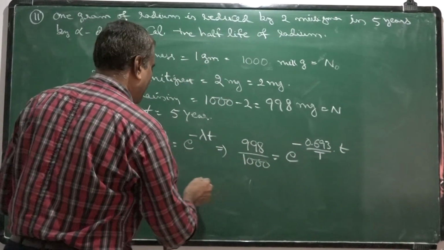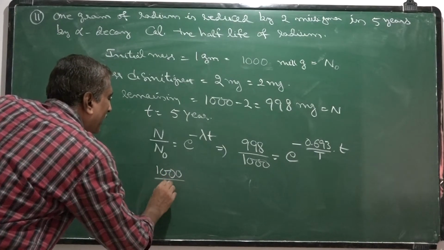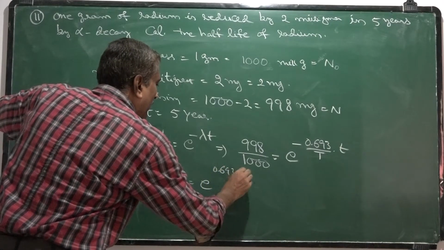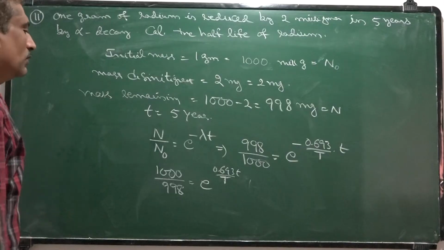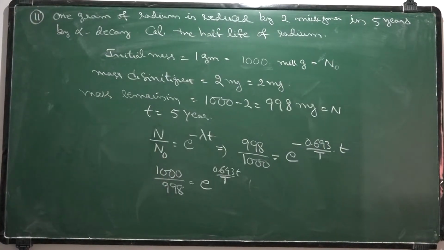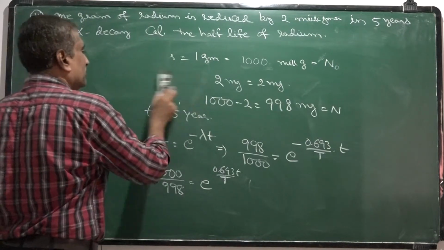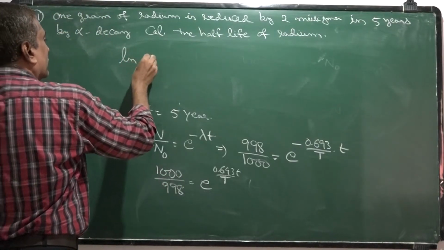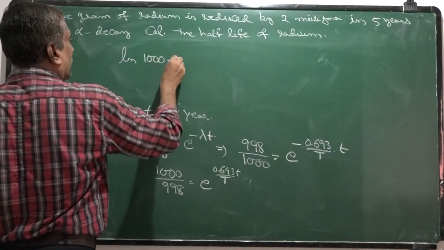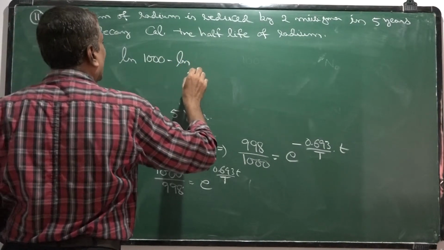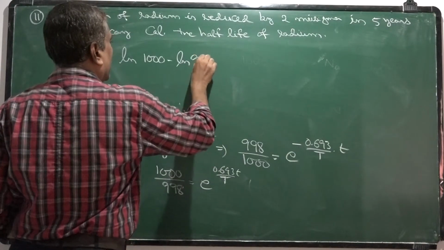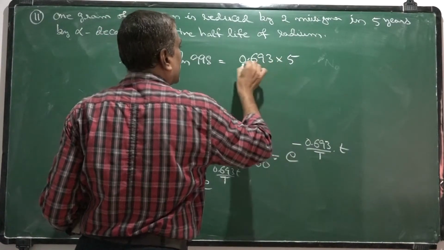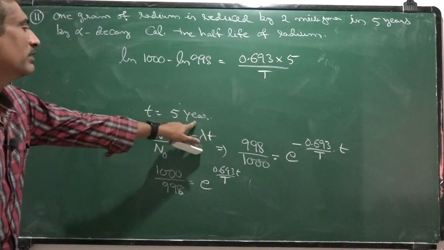Now if we reverse this, 1000 by 998 is equal to e power 0.693 t by capital T. Now we write in logarithm: ln 1000 minus ln 998 is equal to 0.693 into 5 years by capital T, because small t is given as 5 years.